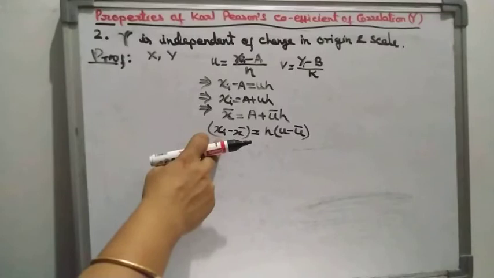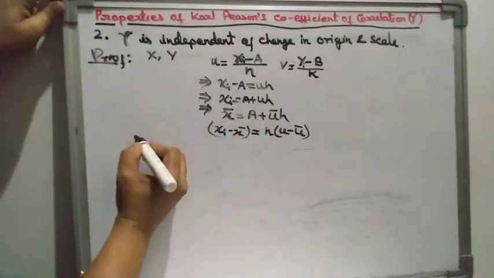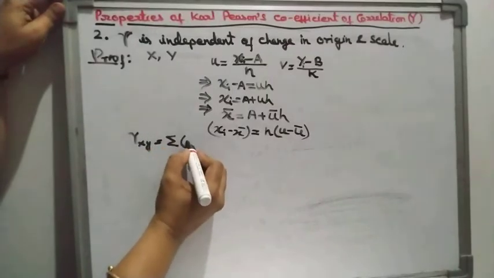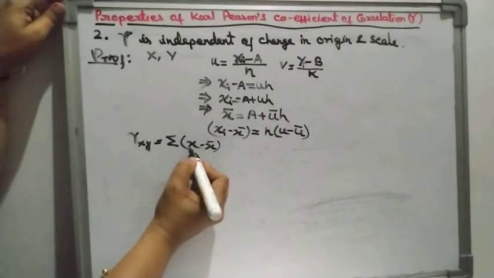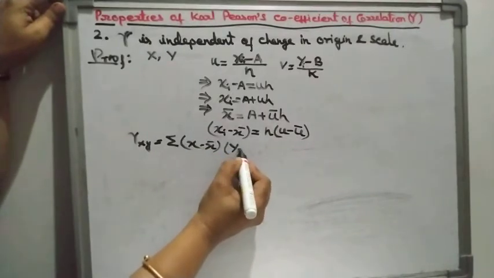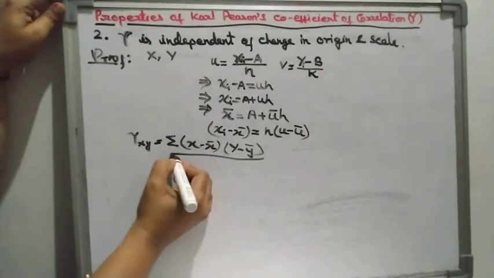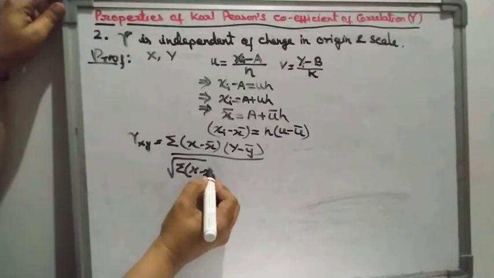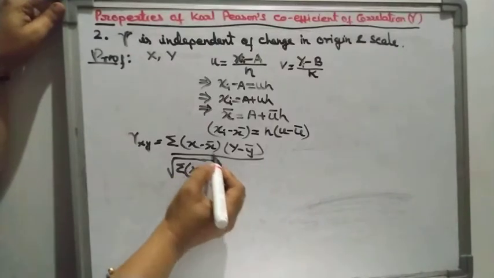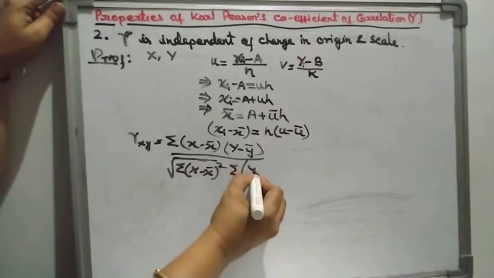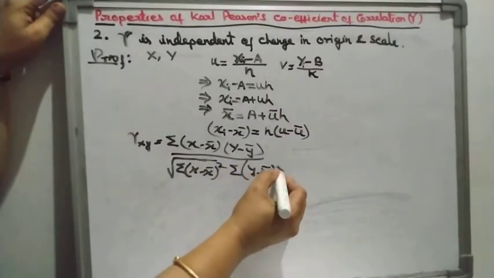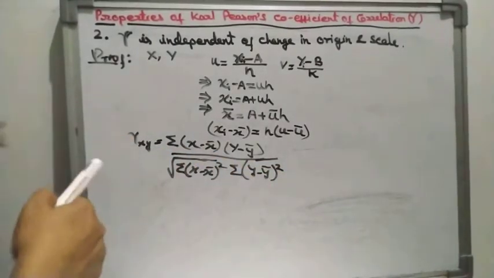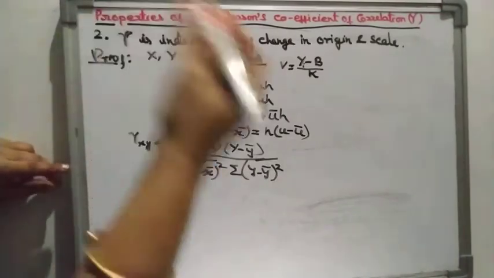Because we need to change this in r of xy, because r of xy is equal to summation of (x minus x bar), x meaning xi, times (y minus y bar), divided by the root over summation of (x minus x bar) square and summation of (y minus y bar) square. This is one of the formulas of r of xy. Okay. So we need to change this x into u, v form.